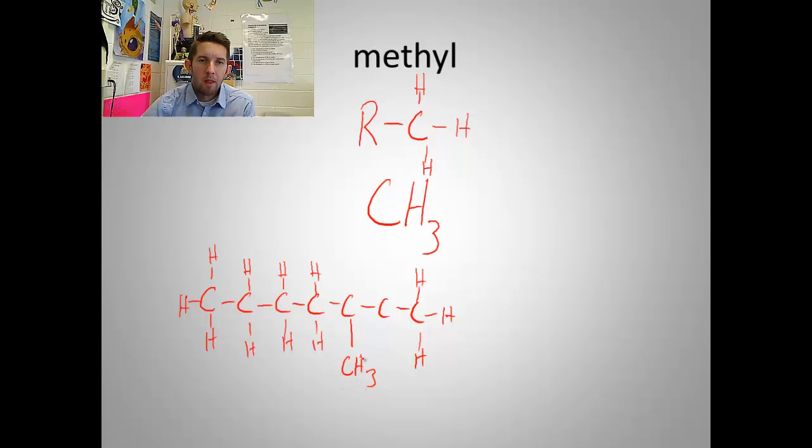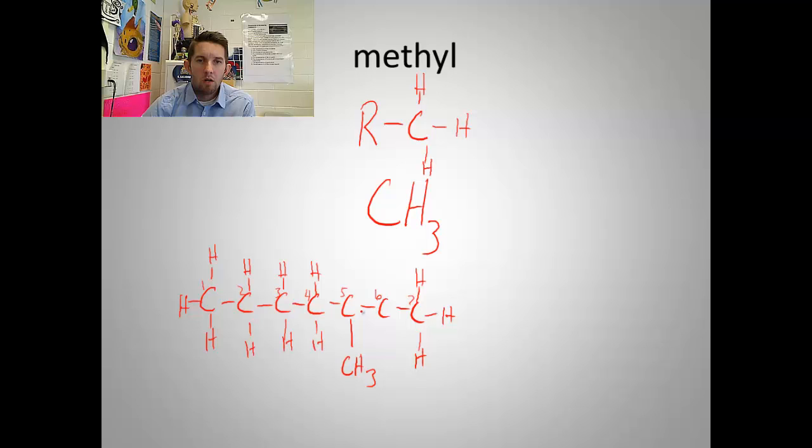Here's why. Find the longest chain of carbons. Well, we have 1, 2, 3, 4, 5, 6, 7. That's our longest chain of carbons. This is coming off that longest chain of carbons. It's differentiating itself from that longest chain of carbons. So it's a functional group. If we numbered it a different way, if we went 1, 2, 3, 4, 5, 6, that's not the longest chain.